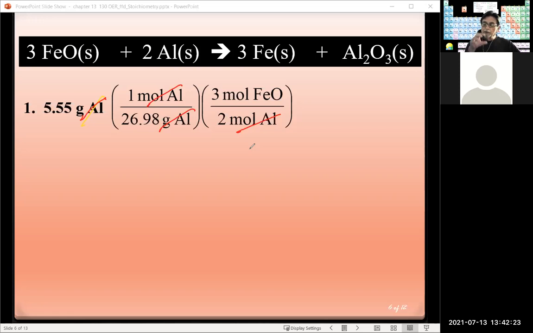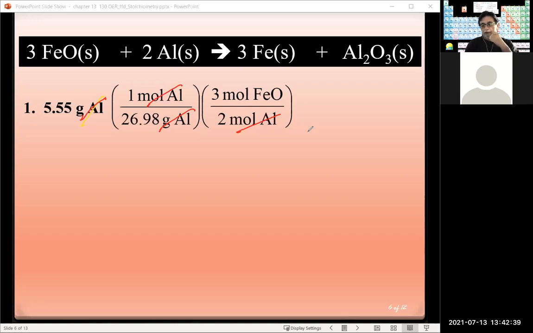Now that we have moles of iron 3 oxide, we need to get to grams because, again, in the real world we're not measuring out in moles, we are measuring out in grams. So in this case we need the molar mass.